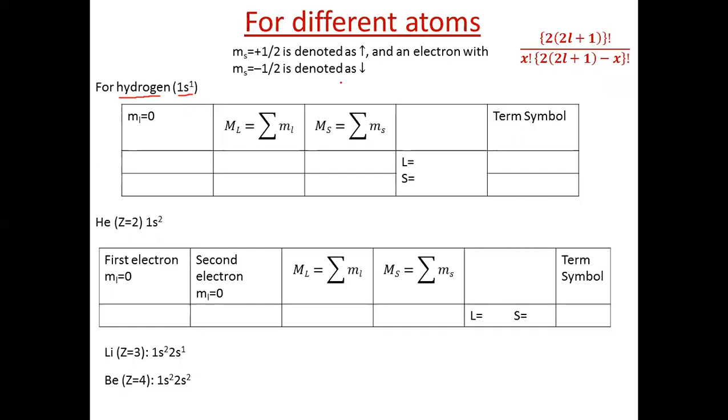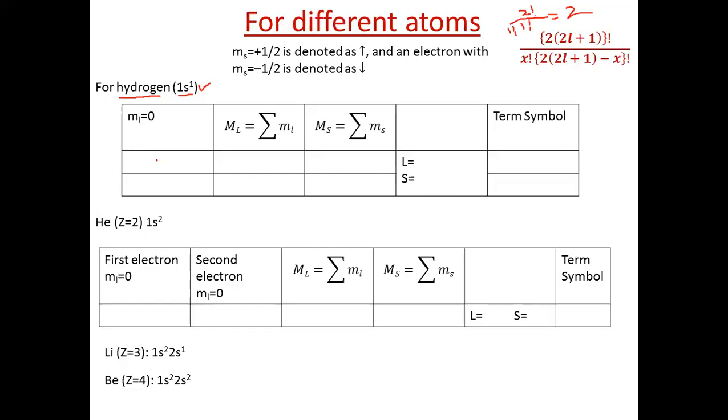For s, L is 0 and x is 1. So 2 multiplied by (2 into 0 plus 1) gives 2 factorial divided by 1 factorial times (2 minus 1) factorial. So it comes out that there are two ways by which we can represent this electronic configuration.